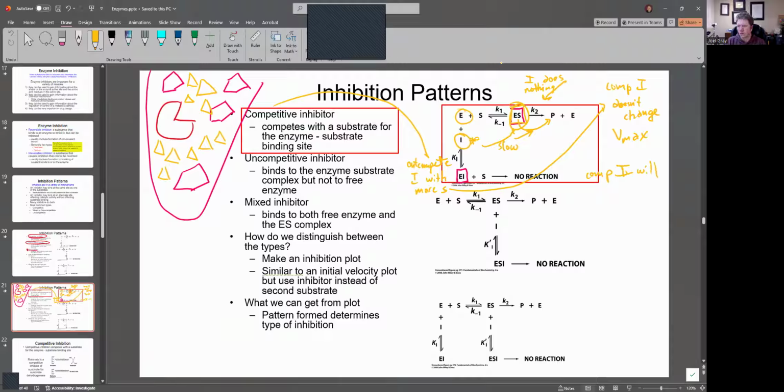It will alter the substrate concentration required to reach Vmax over 2.